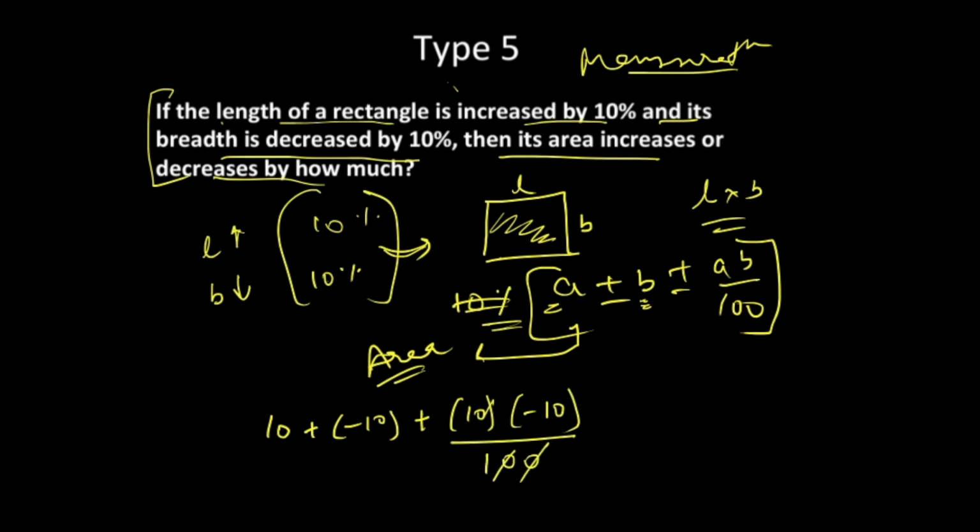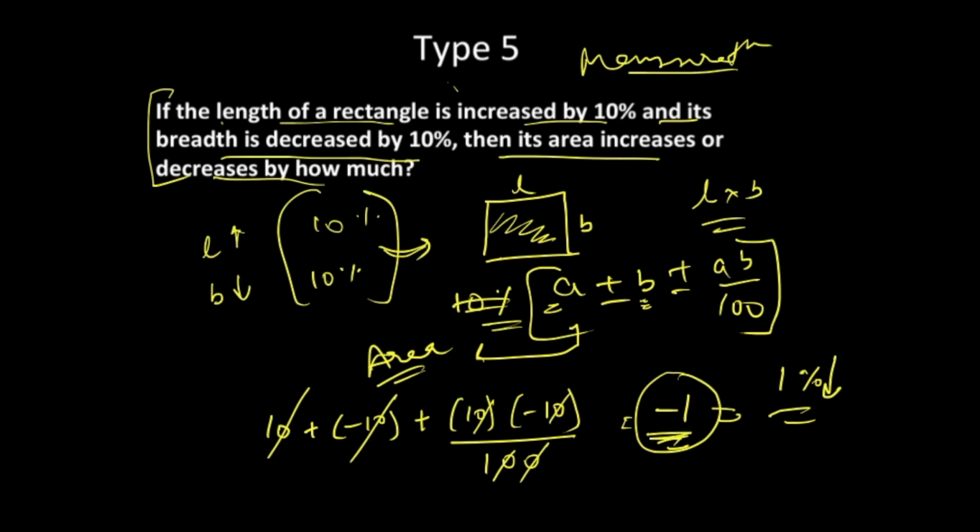These cancel, and effectively this will also get cancelled. So effectively this is going to be minus 1. So minus 1 indicates that there is a 1% decrement in the total area.